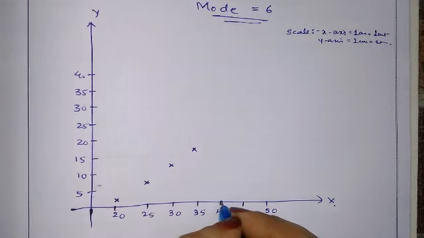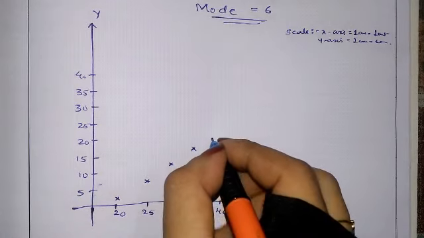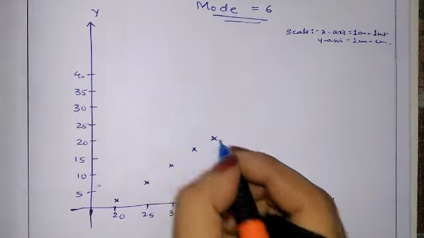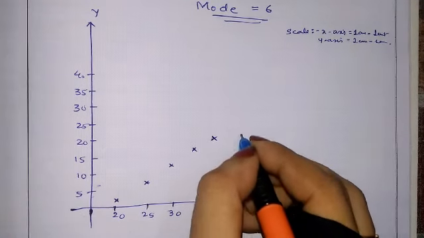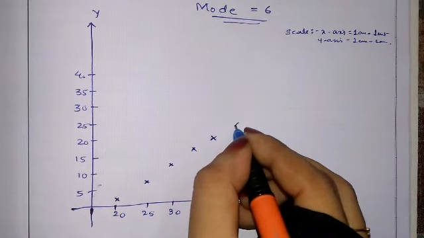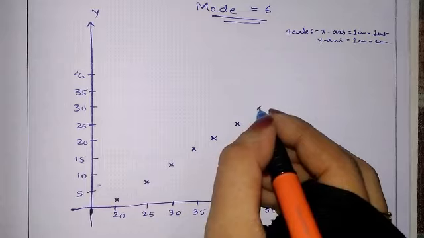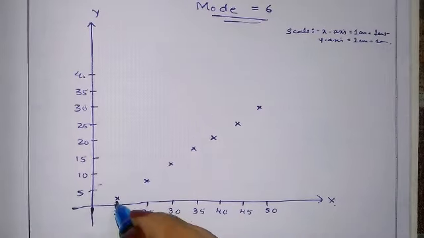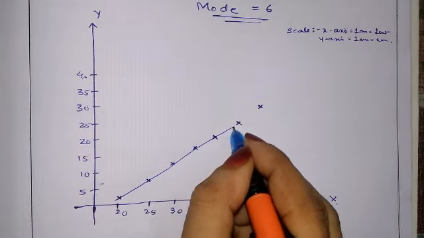Okay. Then 40, 20. Then 45, 25. Then 50, 35. Like that, this OG, from down to up, we have to draw as a free hand curve.